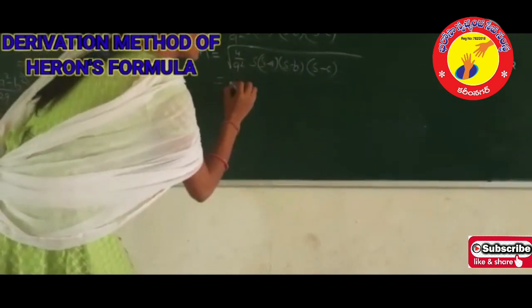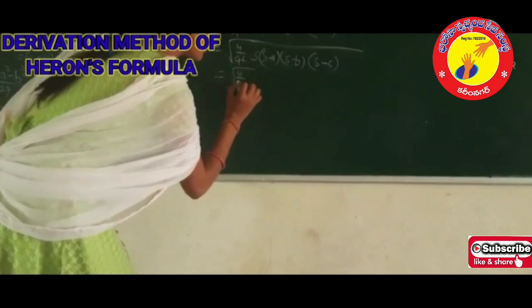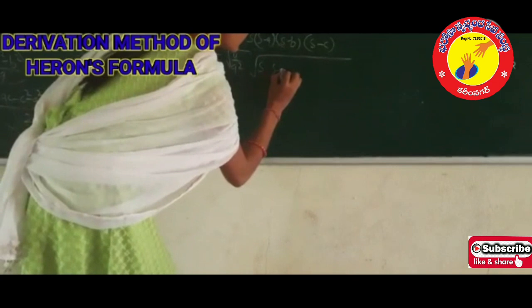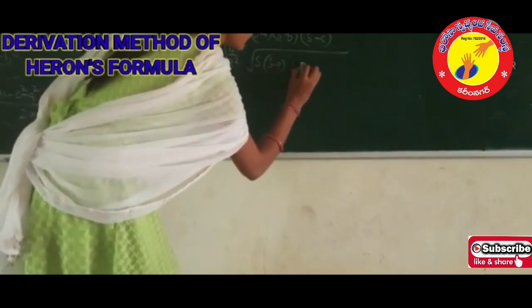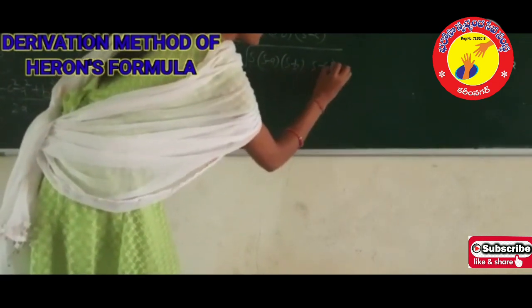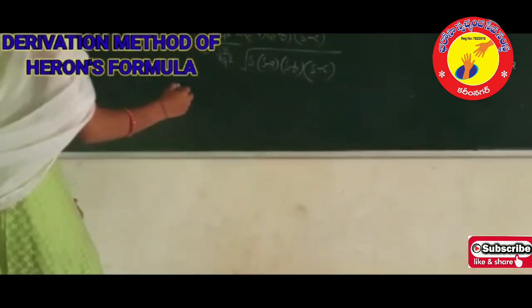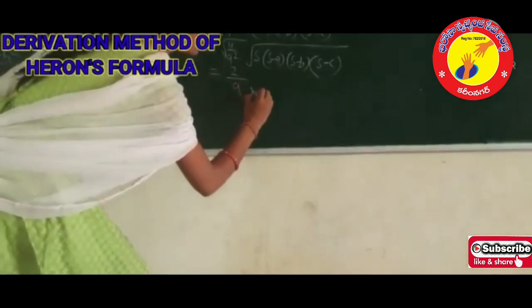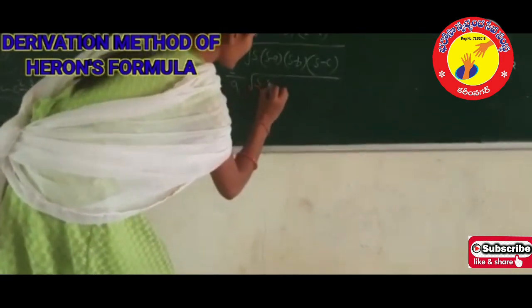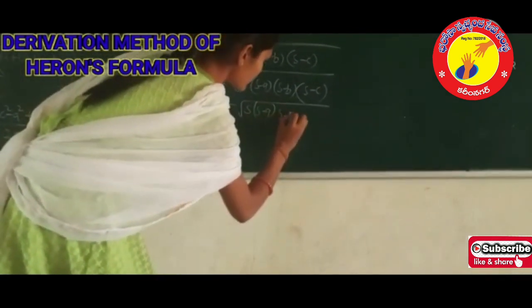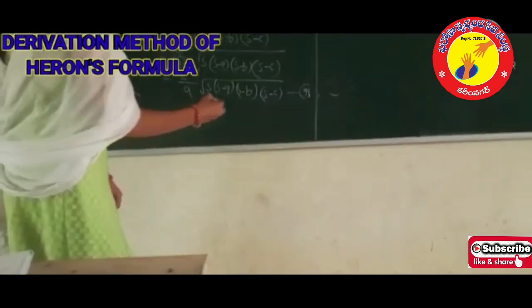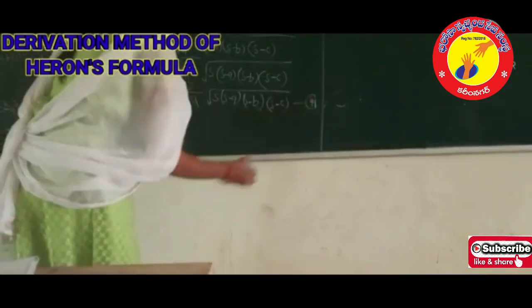And here we get root 4 by a square and root s of s minus a and s minus b and s minus c. We get 2 by a under root of s, s minus a, s minus b and s minus c. I take it as equation 7.